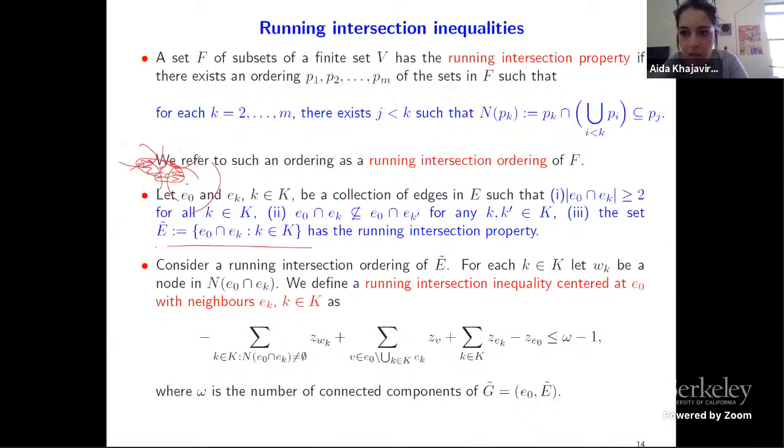Because of the structure I assumed, you can already find Berge cycles of length 2, gamma cycles, etc. there. The point is you have a center edge and a bunch of other edges, each of which intersects it in at least two nodes, and for the set of intersections you need the running intersection property. If you have that, you can write this inequality.